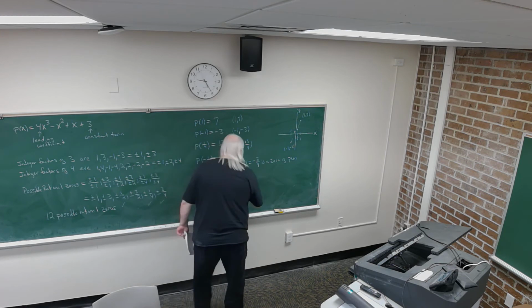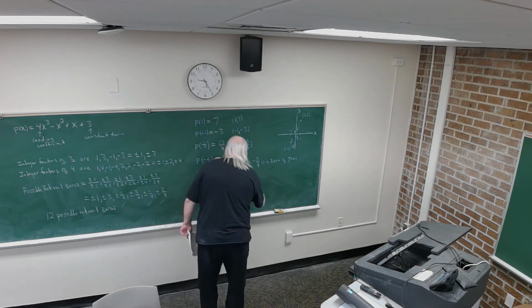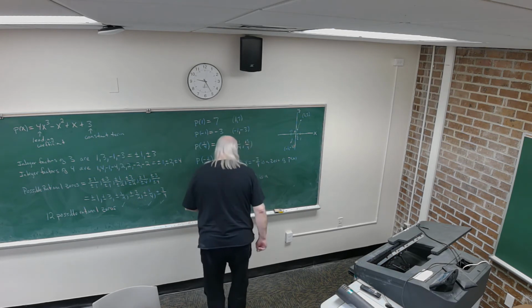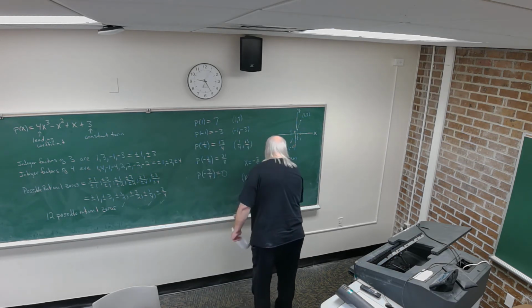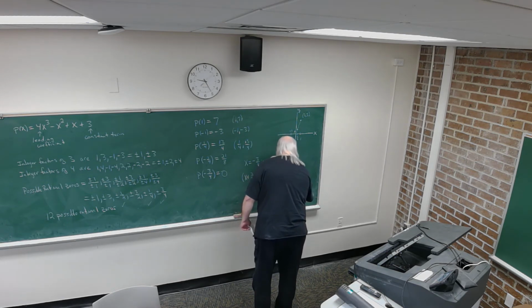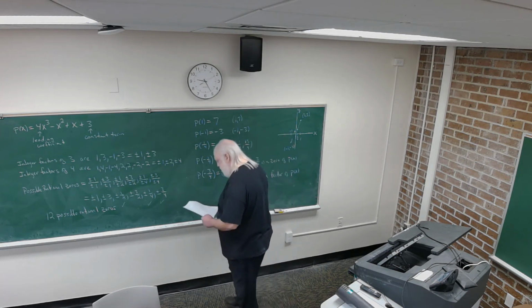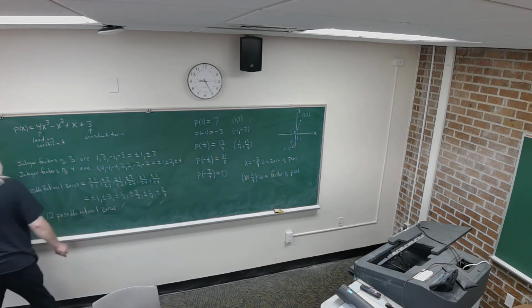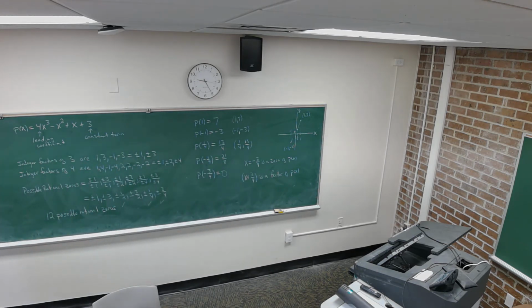Which means x plus 3/4 is a factor of p of x. Okay. So we found one of the 3 factors, one of the three zeros. So we got two more to go.